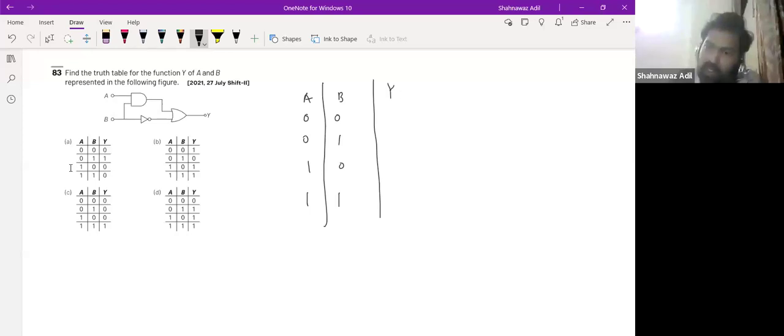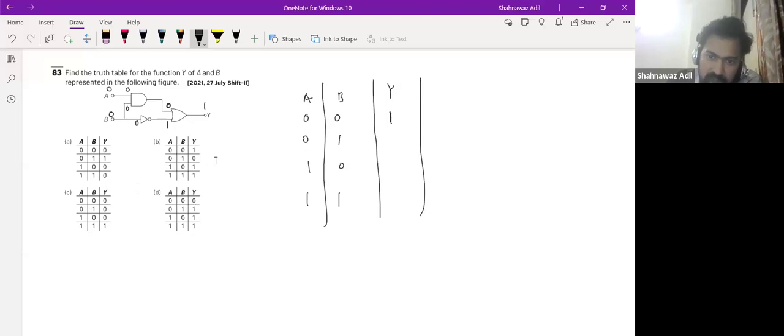And Y we need to find out. What is Y? So let's say for 0,0: this is 0, this is 0, 0 into 0 is 0, so 0 is here. This is going 0, it will become 1, so 1 is coming here. 0 plus 1 is 1, so 1 is here.